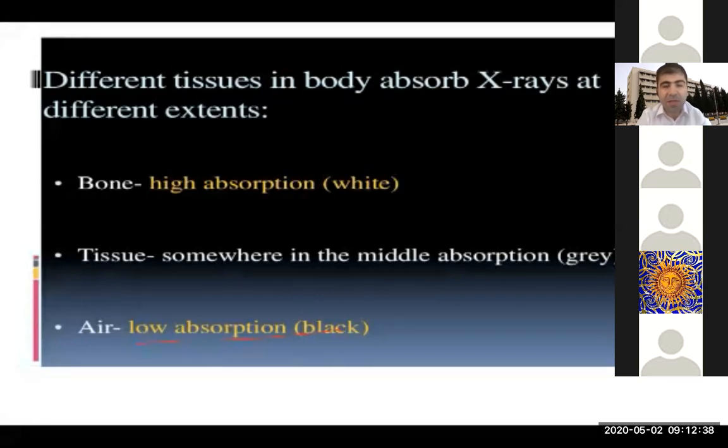But if the X-ray passes easily, for example through air, and hits the cassette, it will become black. So in the X-ray there will be hypodensity, or it is just like in lytic lesions. In between them, it is gray. For example, soft tissue, the heart, and the mediastinum will be gray.